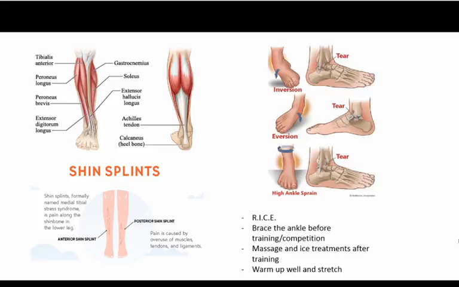Why? Because once you get injured, especially on your ankles, the only thing you have to do, and you have to remember every time you work out, is to brace your ankles before any training or competition. And then elevation. So if we want to avoid the swelling, we just pull our legs up and apply ice.